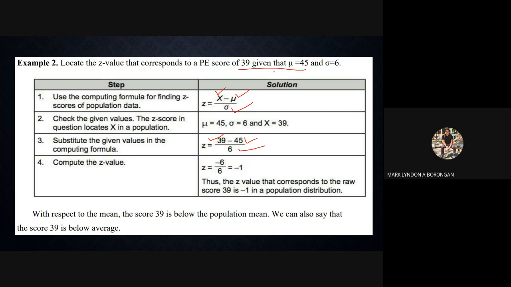Okay, you can also say that because makita nimo ang mean, di ba? 45 biya na. So if 39 ang score, therefore ubos gyud siya sa average, di ba? So that is one way to determine if it is already below or above average, if given po ang imong average diari, which is kaning mu or ang mean.